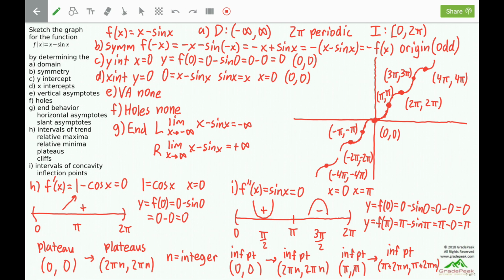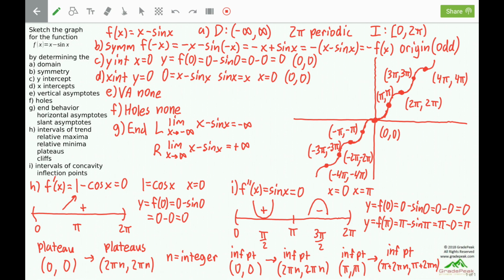And if n equals -2, we'll have pi plus 2 pi times -2, pi minus 4 pi, which is -3 pi, comma -3 pi. That'll be right here. We can label that as -3 pi, comma -3 pi. And that will be concave up on the left and concave down on the right as the other inflection points.